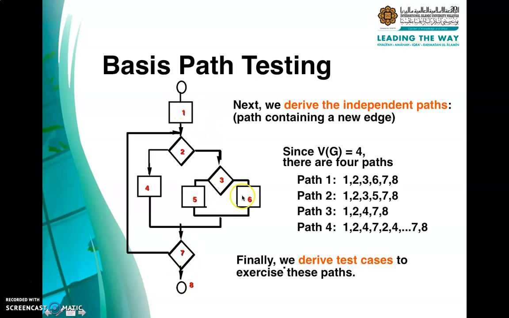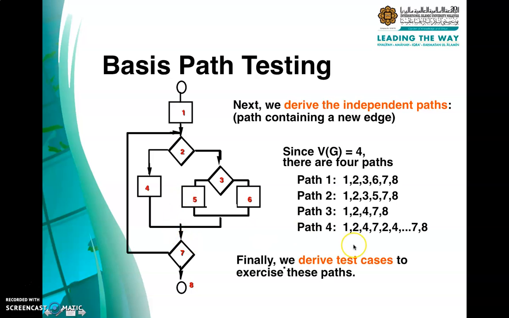And then the second path is 1, 2, 3, 5, 7, 8. Path number 3 is 1, 2, 4, 7, 8. And path number 4 is 1, 2, 4, 7, and then it potentially goes back to this looping condition, 2, 4, and so on and so forth.